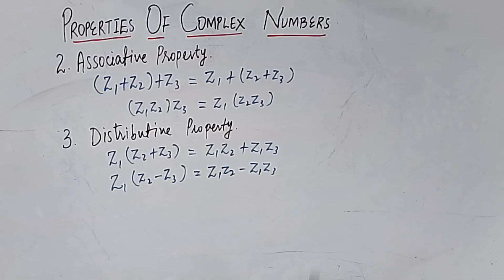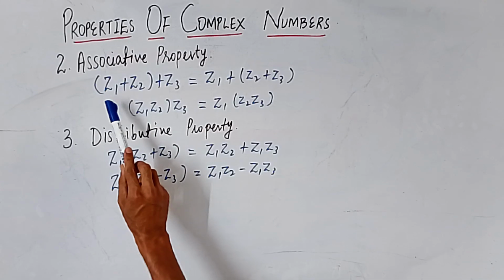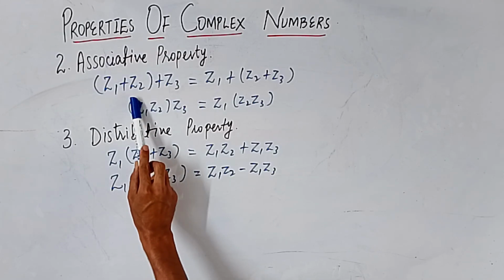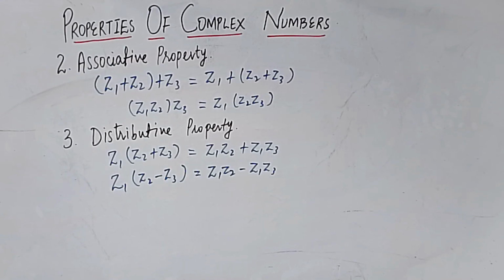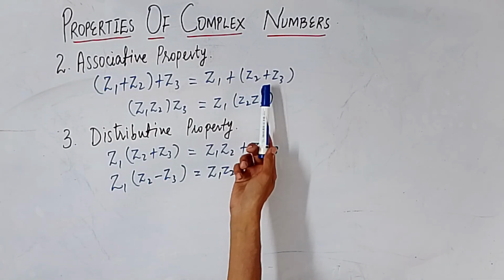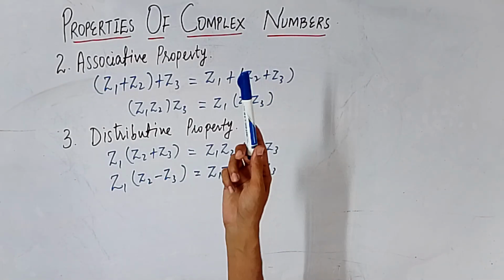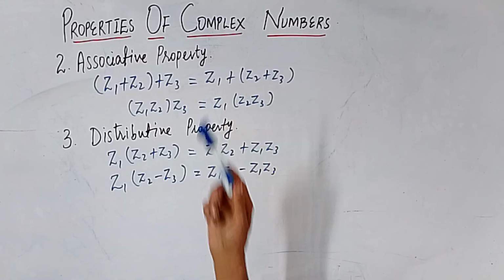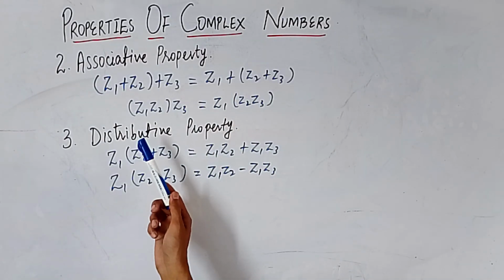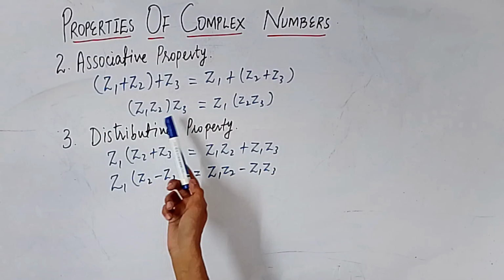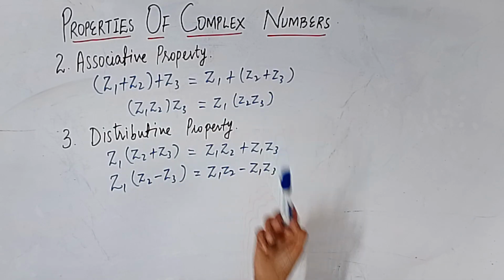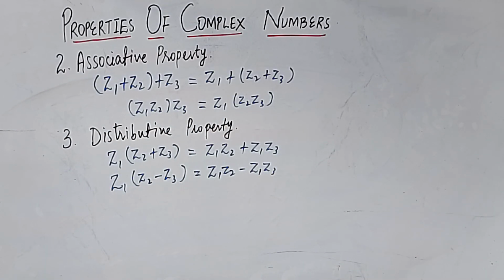If there are three complex numbers and you are proving associative property of addition, you add the first two complex numbers, and then the answer of those two is added with the third one. Same on the other side: the second and third complex numbers are added, and then you add the first one with their answer. In multiplication it is also applicable: first multiply two complex numbers and their answer will be multiplied with the third one, and same way on the right side. You must get left hand side equal to right hand side.